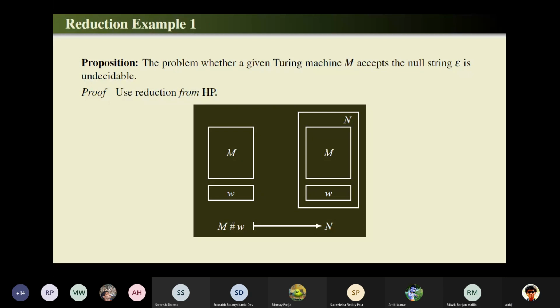Okay. So now let's see. It suffices that I give a description of N. What N does when it is provided with some input Y, something like that. It has embedded in its finite control M and W. Okay.